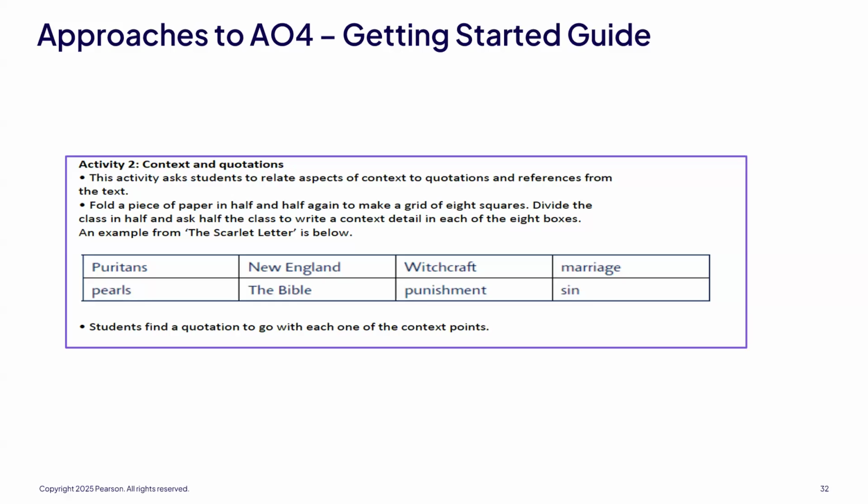Unit 1, Section C, the modern prose, and Unit 2, literary heritage, are the two places where AO4 is assessed. And if we look at this activity for a moment, you can see how it would work for your text. I'll just give you a second to read through that.